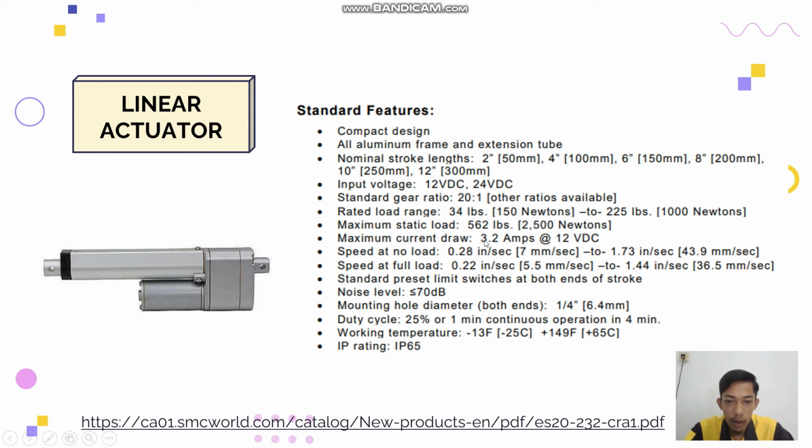The maximum current draw is 3.2 amperes at 12 volts DC. The maximum speed at no load is 0.28 inches per second, which is 7 millimeters per second, to 1.73 inches per second, which is 43.9 millimeters per second.